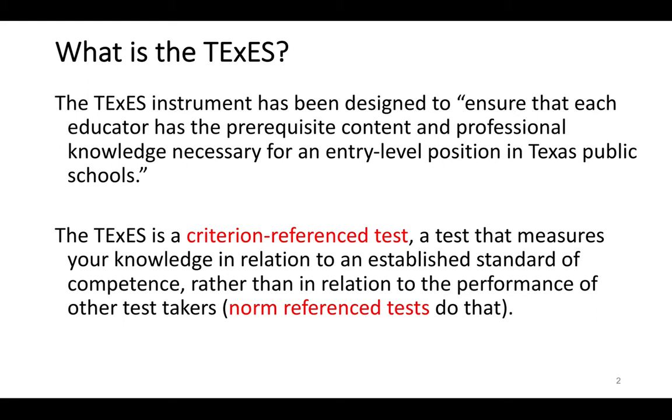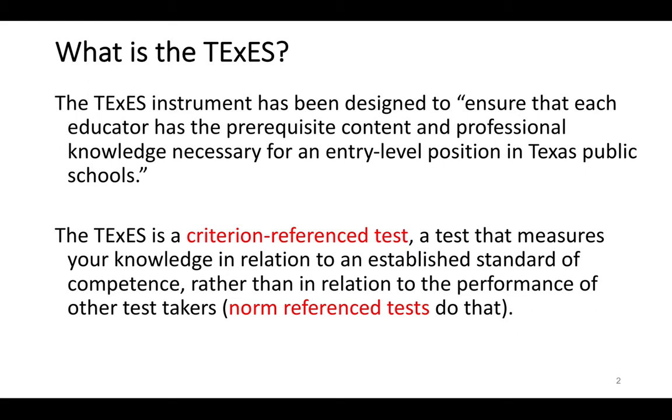What norm reference tests do is that they compare your results to everyone else that has taken that test or that assessment. So a norm reference test, like the GRE or the SAT, gives you a numeric score, and then they also give you a percentile ranking.